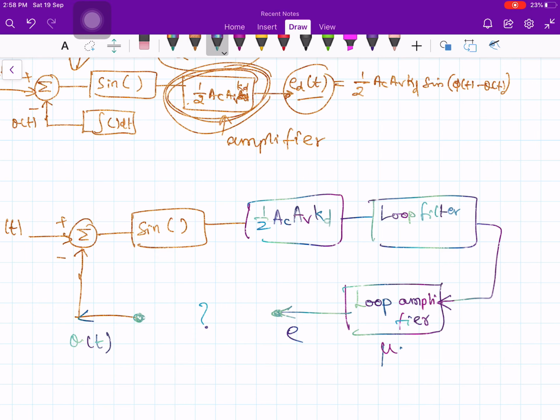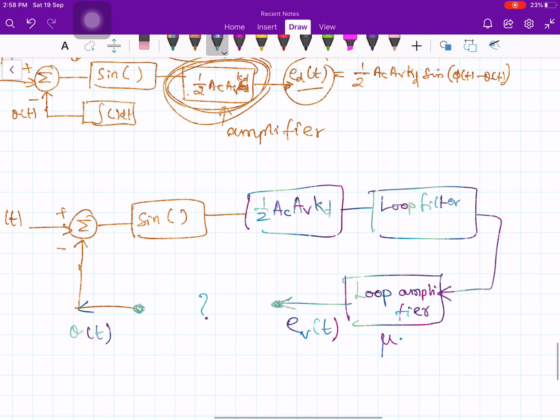And this one is EV of t. So the amplifier output is EV of t. Now this amplifier output and the input to this point are related through the integral relation dt. So to close the loop, all I have to put is an integrator here.